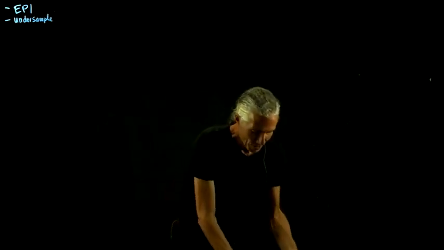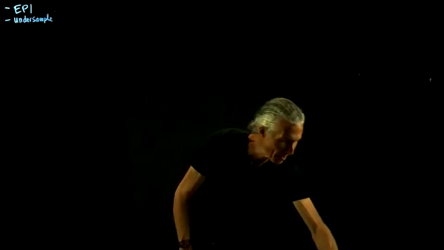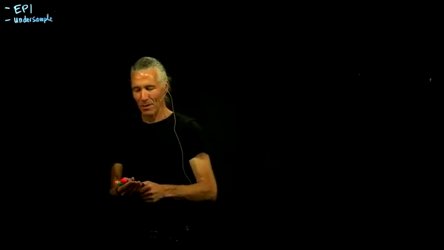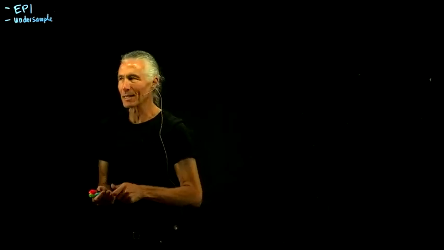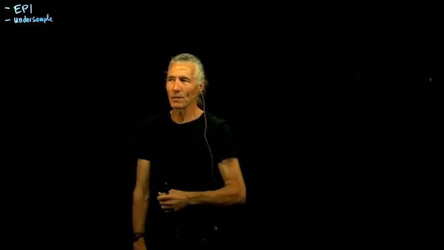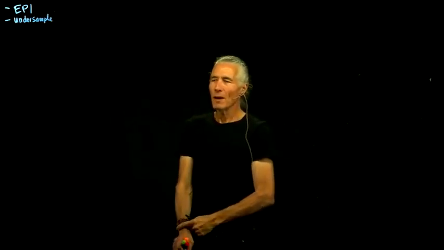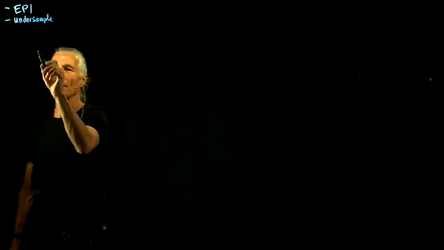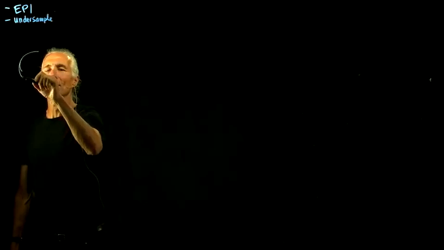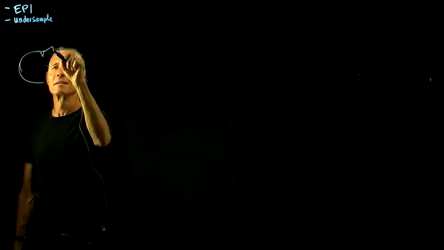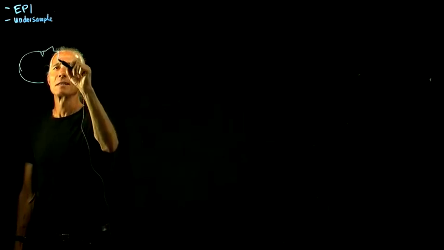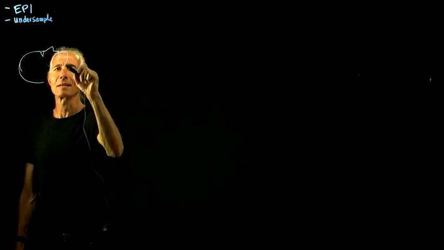So first, the somewhat garden path sort of intuition. And the intuition is, if we've got multiple coils, we might be able to undersample. So here's a person smiling because they're liking being scanned.